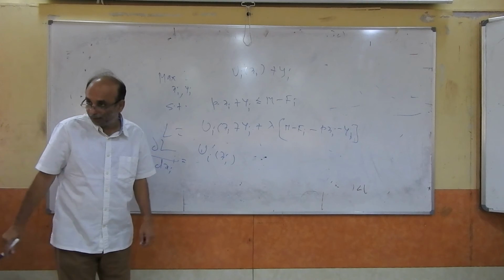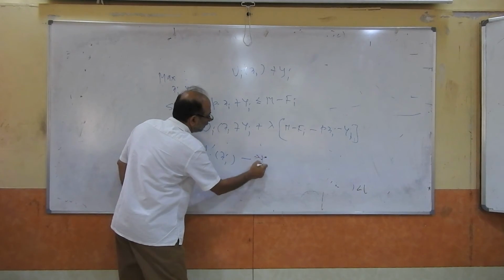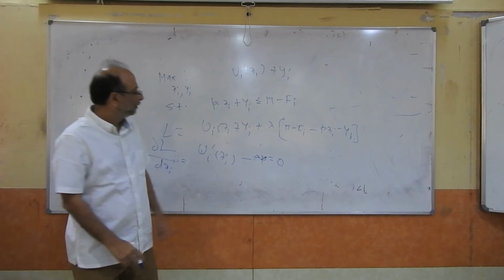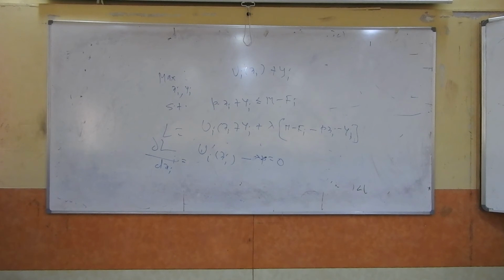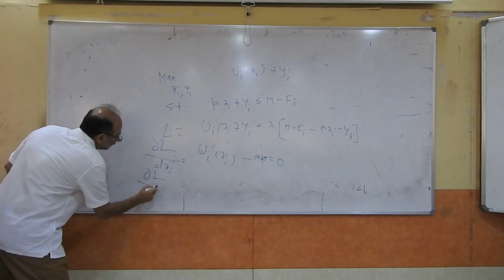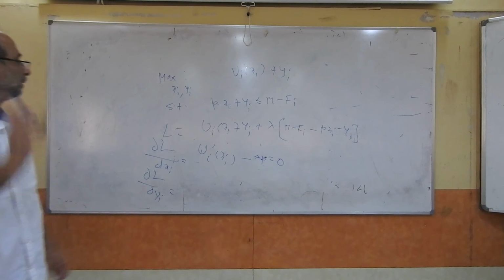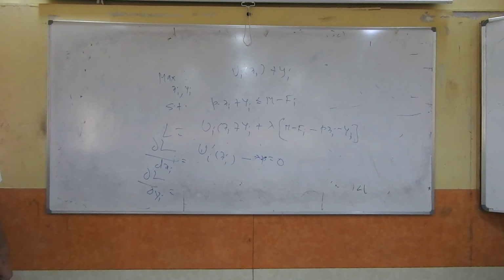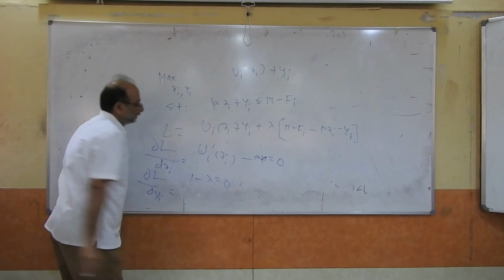Ui dash xi minus lambda is equal to 0, right? And then you need to differentiate also with respect to y, and then of course with respect to lambda. What do you get with respect to yi? 1 minus lambda, right?